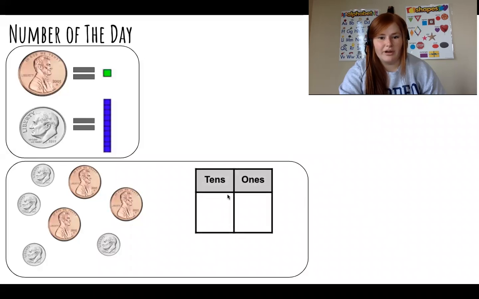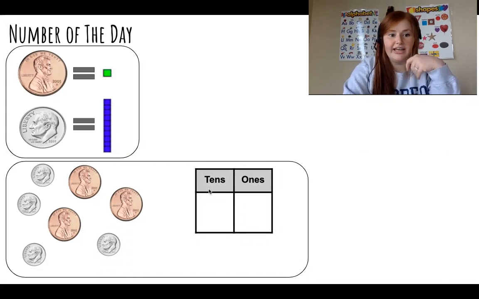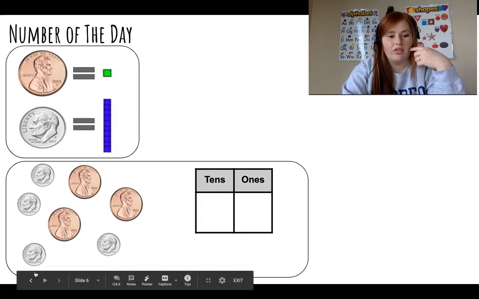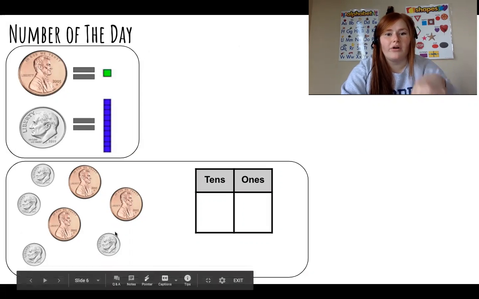So if we look, we're going to find how many 10s and how many 1s we have. Let's start with our 10s. I remember that the dime is a group of 10. So let's count how many 10s we have. 1, 2, 3, 4. We have 4 10s. Excellent.